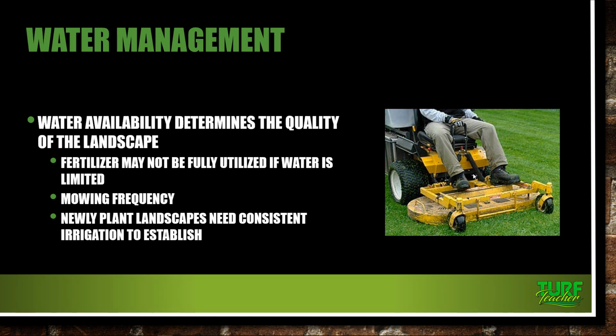And then newly planted landscapes need consistent irrigation to establish. This is really a pet peeve of mine, even for our clients. And guys, we'll talk a little more about drip irrigation towards the end of the slides. But when we do an install, we try to upsell and talk the client into an irrigation system.